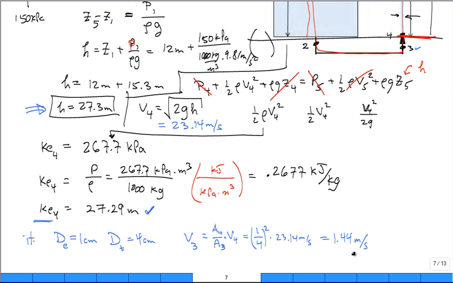Now, what is the velocity pressure at 3? What do you mean velocity pressure? It's equal to 1/2 rho V3 squared. We just calculated that V, square it, multiply by 1,000, divide by 2. The speed at 3 is a lot slower.